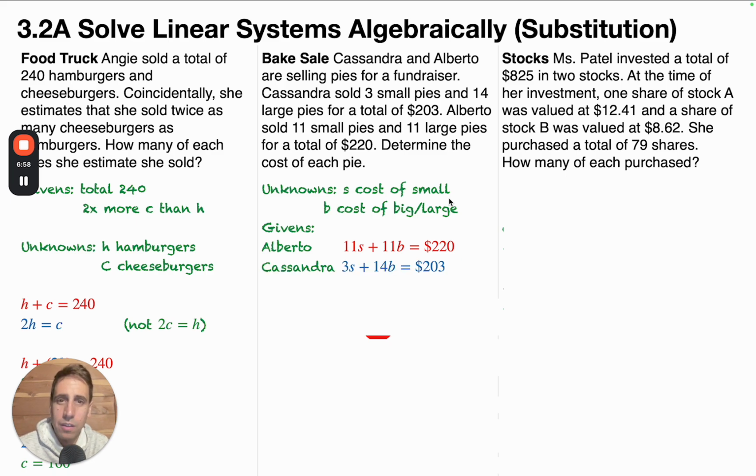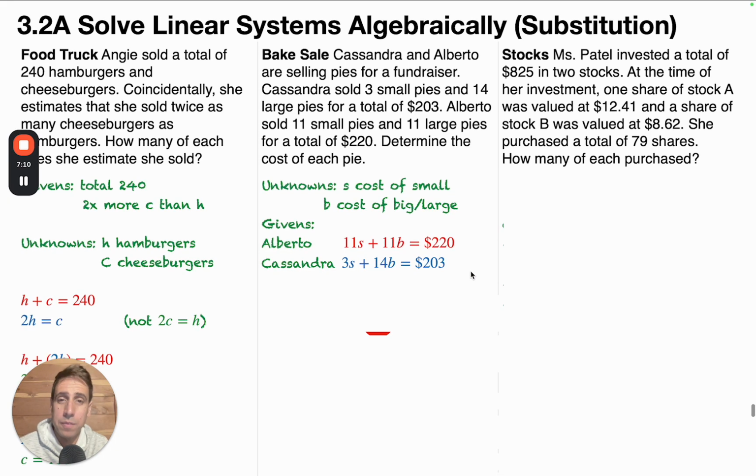Cassandra, same thing. Her total is $203. She got that by selling 3 small pies. I don't know how much they cost. That's unknown. But I can say 3 pies times their cost plus 14 pies times its cost is going to equal the total.